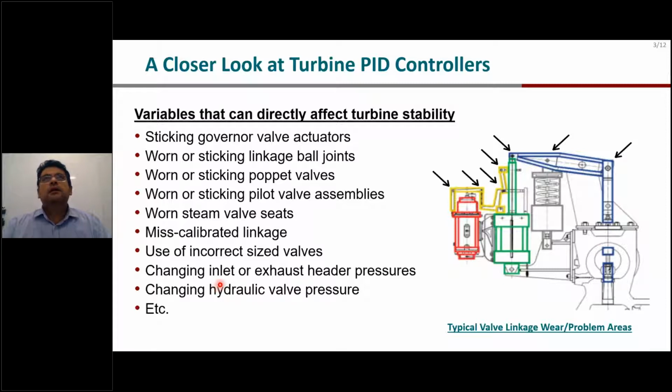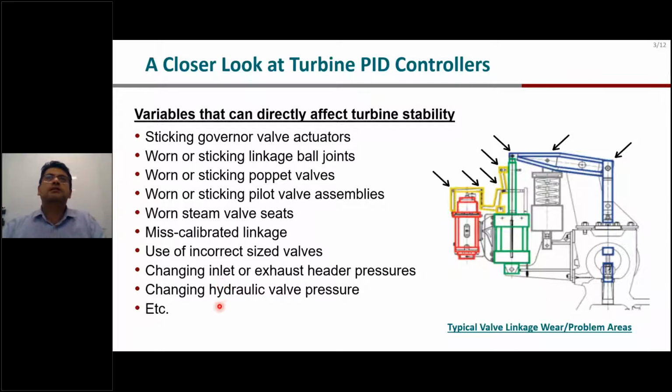And of course, the steam conditions. Usually when you first commission your turbine, you run it at certain inlet and exhaust pressure values. Then eventually the process gets bigger and the boiler gets older, and you start to have different header pressures. Changes in the inlet and exhaust pressure also affect the performance of your turbine, especially if you're using your turbine to control your exhaust.